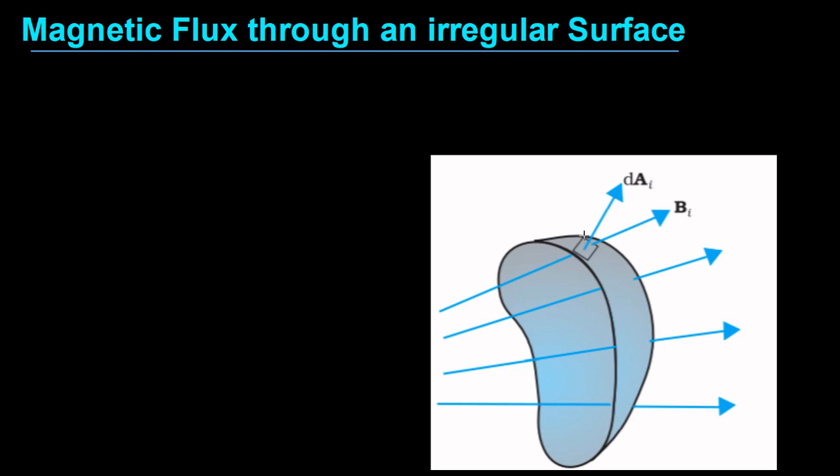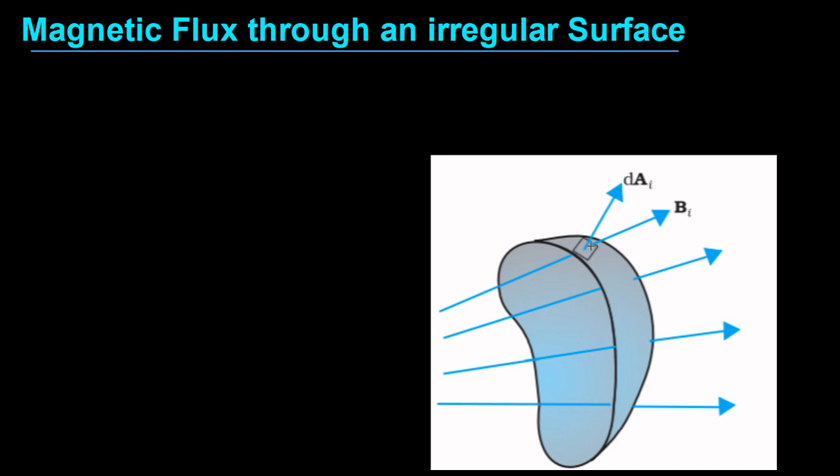Here, let us consider an elementary surface area dA represented by this vector. So many dAs can be taken. Out of that, one such elementary area dAi is considered, the ith piece.